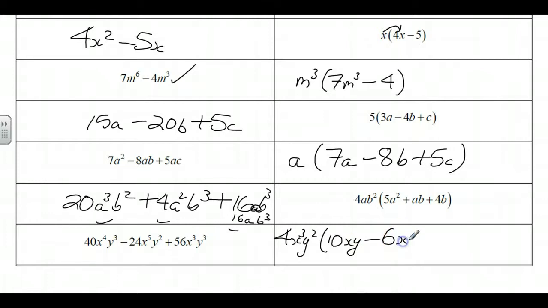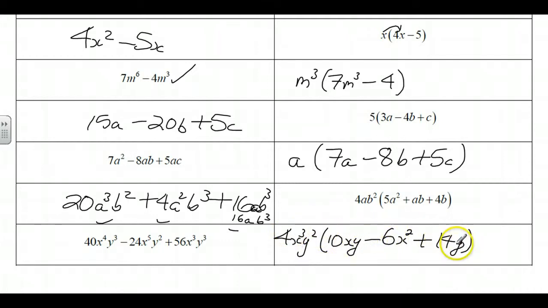I need an x to the 5th. So I'm looking at what adds. And then I need a y squared, which is good. Plus, and 56 divided by 4 is 14. I need an x cubed. I've got that. I need a y cubed, so putting a y in. Now, when I go to look here, x, no x, y, no y.